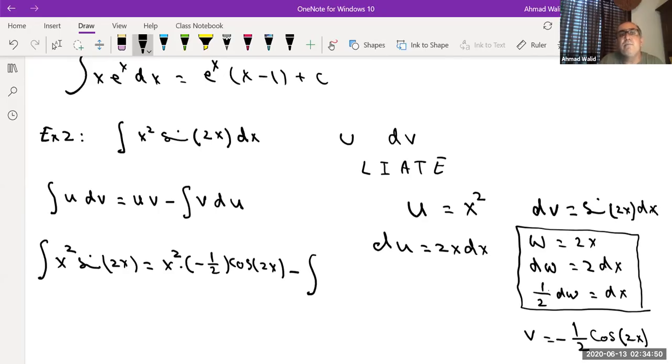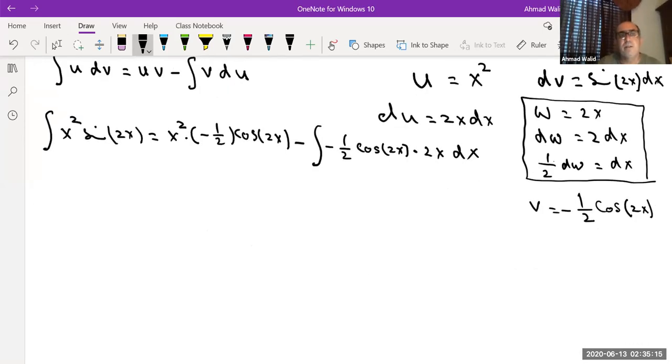Your v is negative 1/2 cosine 2x times du, which is 2x dx. Let's simplify. This problem is a little bit longer. Then integral of x squared sine 2x equals.